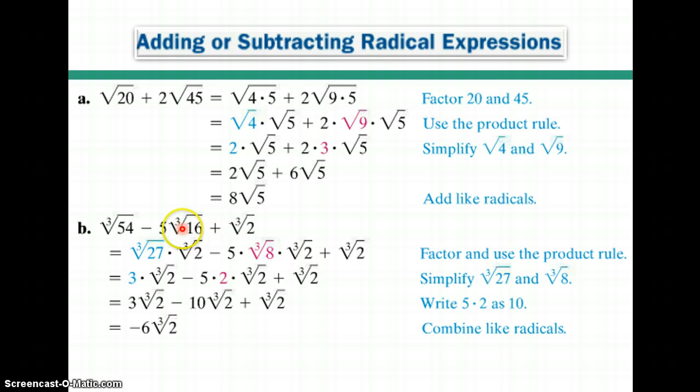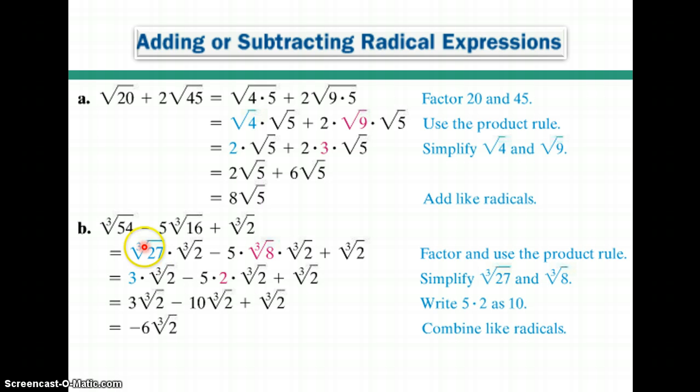In this radical, 5 times cube root of 16, 16 can be written as 8 times 2. By using the product rule, we have 5 times cube root of 8 times cube root of 2 plus cube root of 2.